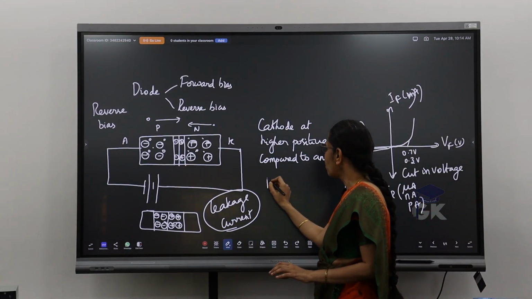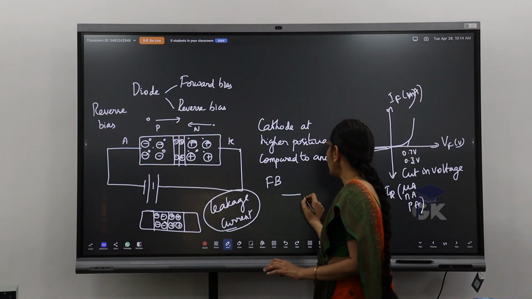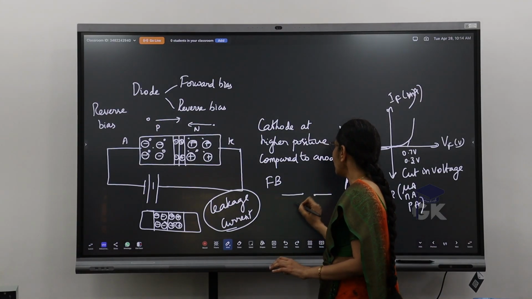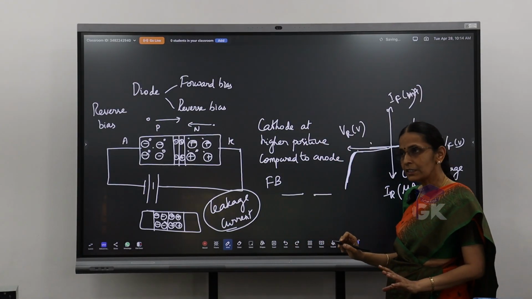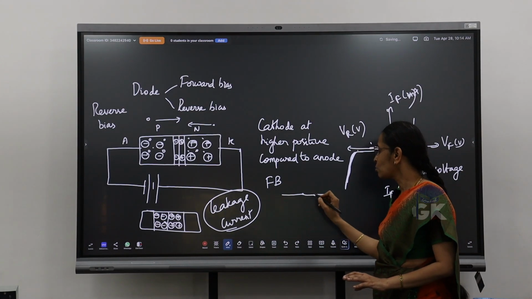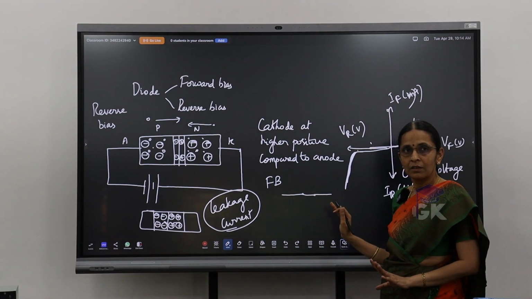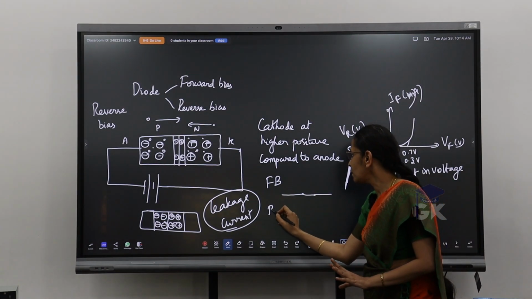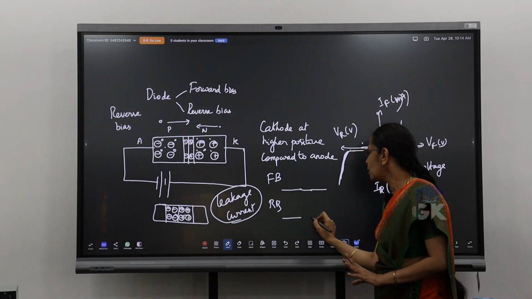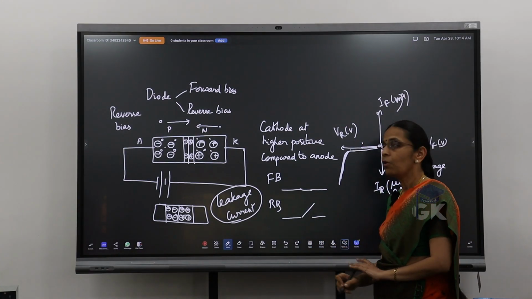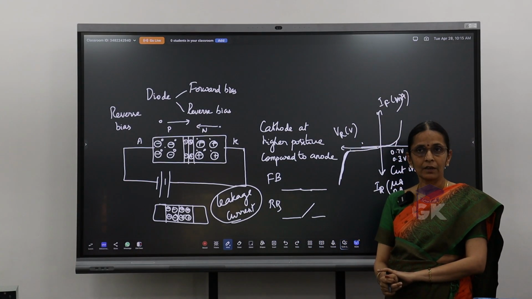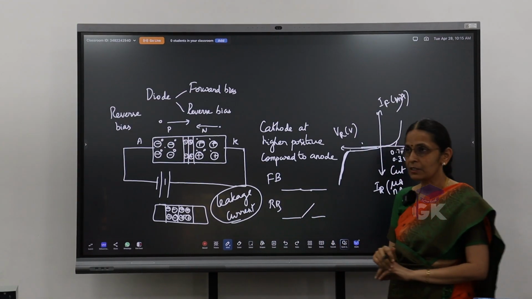If I say it's a forward bias condition, how do I show it? It can be considered as a closed switch. I can just connect both of them. If it is in the reverse bias, then it can be treated as an open switch like this. Right? So this will be the reverse bias.